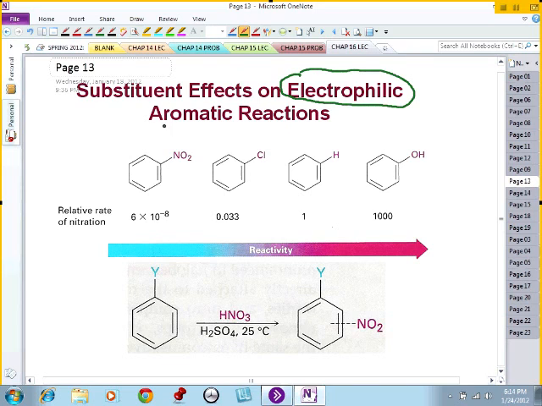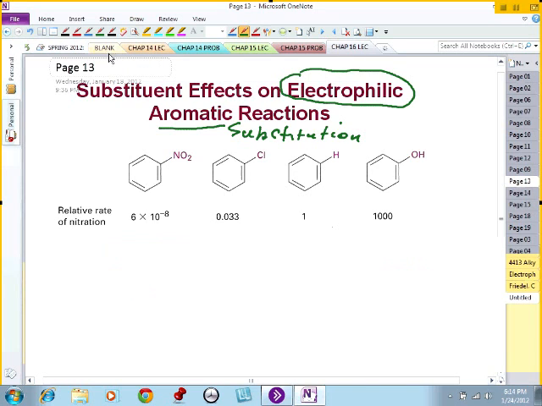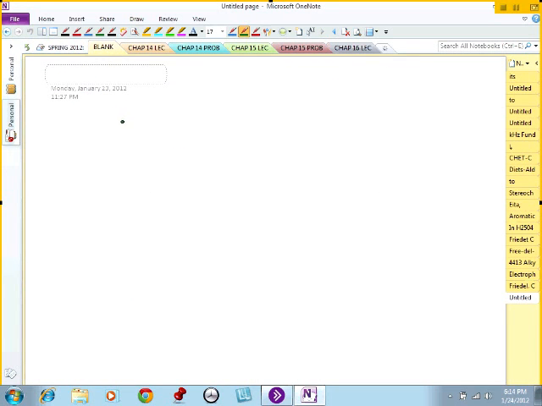But before we come to the item on this particular slide, what I want us to do is a little review of some of the reactions that we discussed on Thursday. Okay, so let us do this together now.